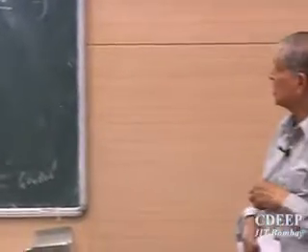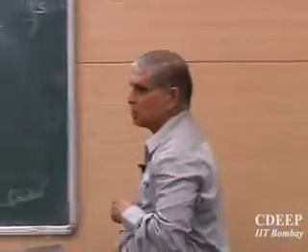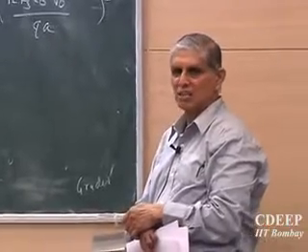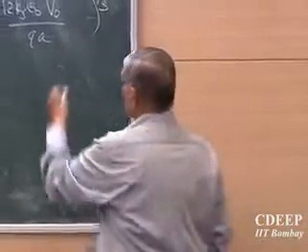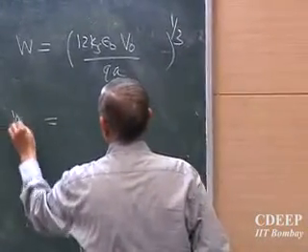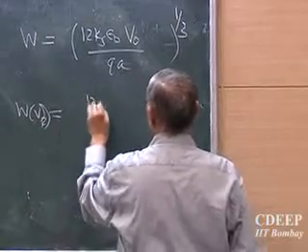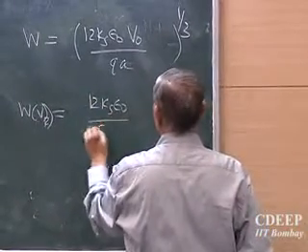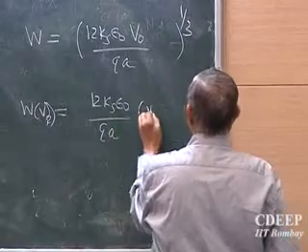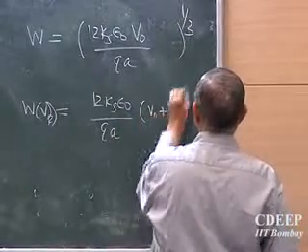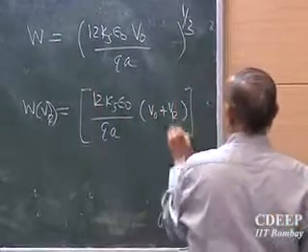So now the depletion layer, if I apply reverse bias, where do I add that additional value of V? W at any other V, VR of course, reverse bias, is 12 ks epsilon naught upon QA times V0 plus VR to the power 1/3.